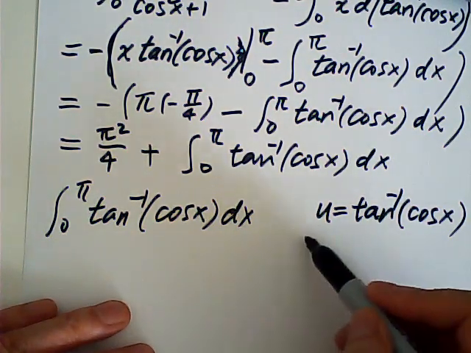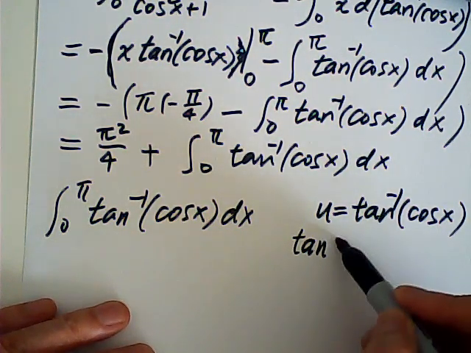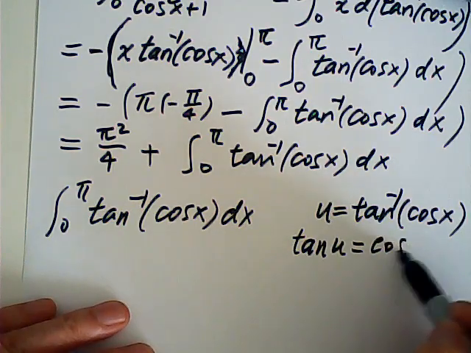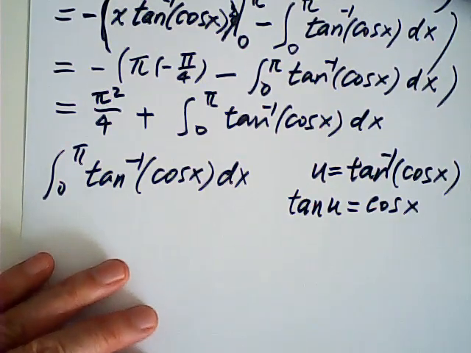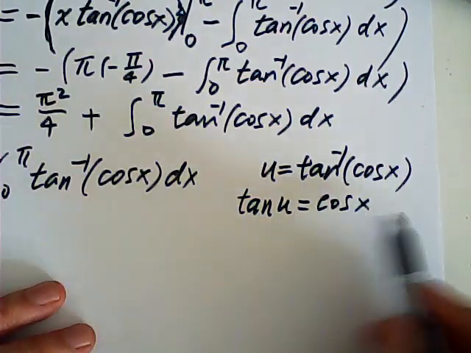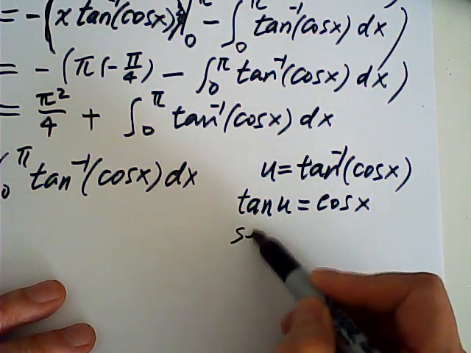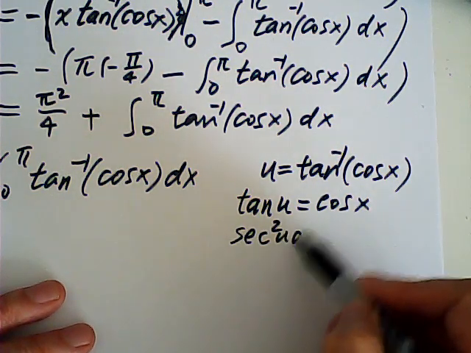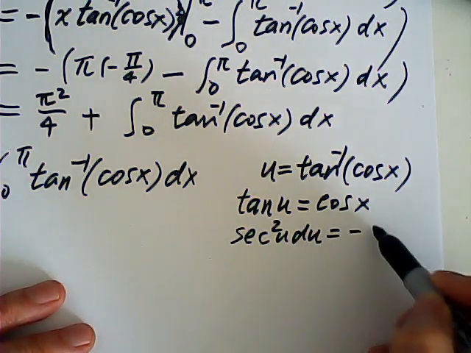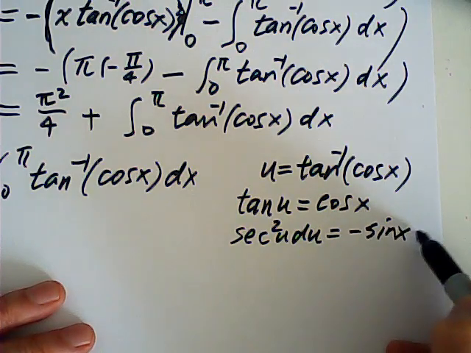So tangent u will be cosine x, right? And then differentiate both sides, secant square u du is equal to negative sine x dx.